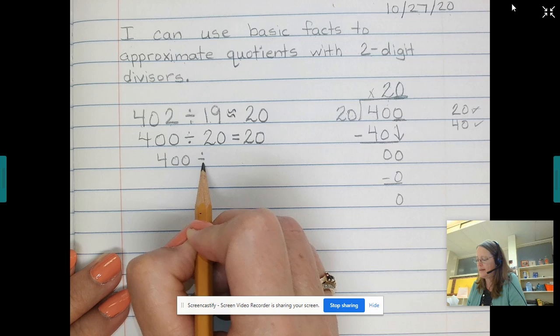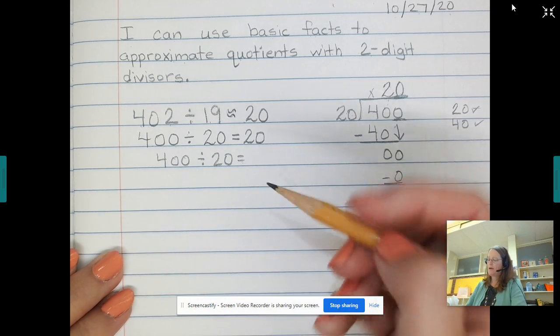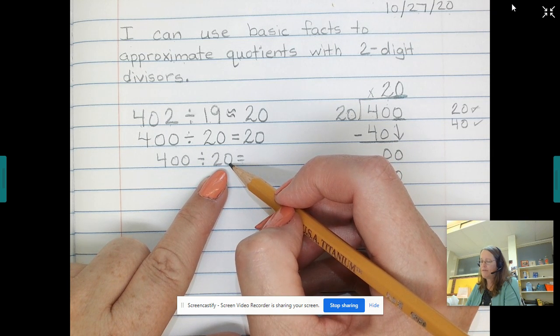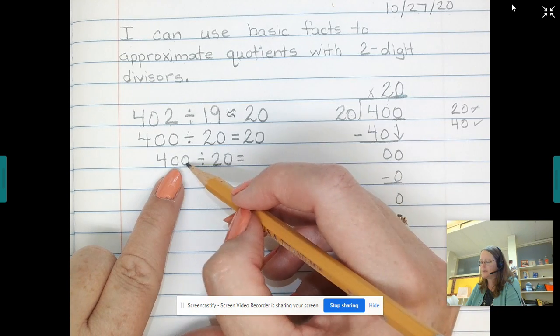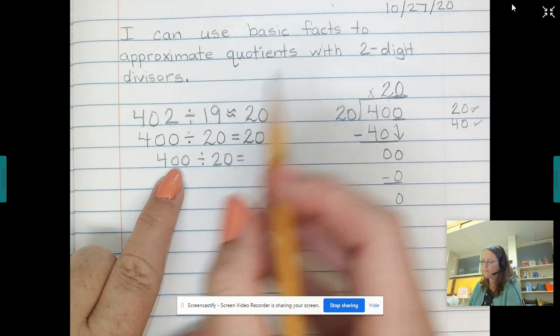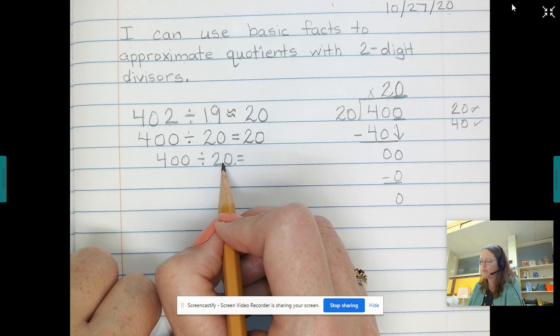400 divided by 20. What would happen if I divide both of these numbers by 10? If I divide 20 by 10, it moves that decimal over.